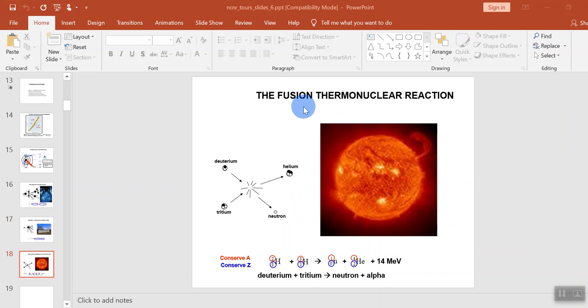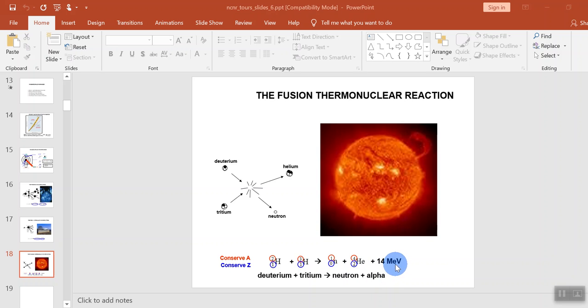The third nuclear reaction we'll cover is the fusion thermonuclear reaction. If you have two light elements like deuterium, one proton, one neutron, and tritium, so one proton and two neutrons, they can fuse together to produce helium and a neutron, 14 MeV energy.